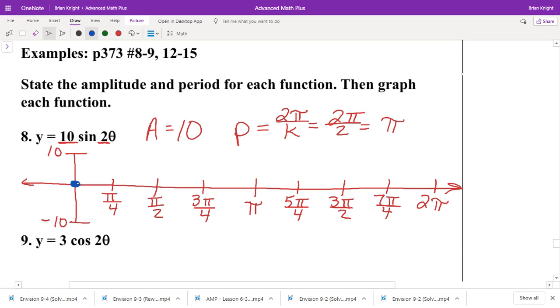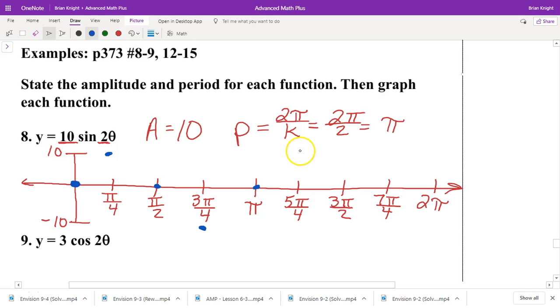How could it go down? What would be negative to make it go down? The 10. If it was negative 10, I would go down first. But it's positive 10, so I'm going to go up first. And then I'll be back in the middle. And then I'll go down to the bottom. And then I'll be back to the middle. And you just keep doing that all the way down. Does that make sense?